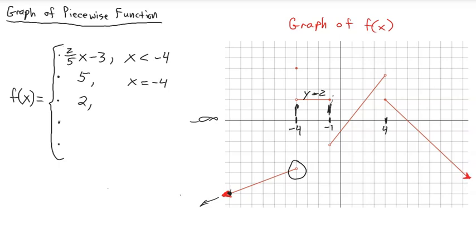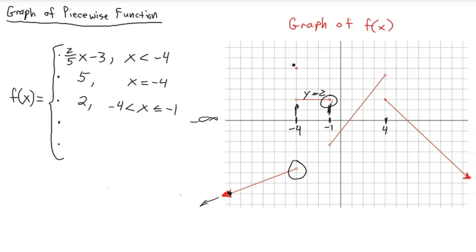And because of this closed circle here, it's going to include negative 1. So this is going to be when x is greater than negative 4, but less than or equal to negative 1.